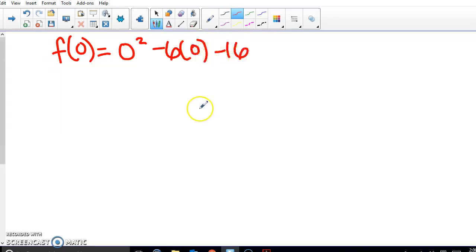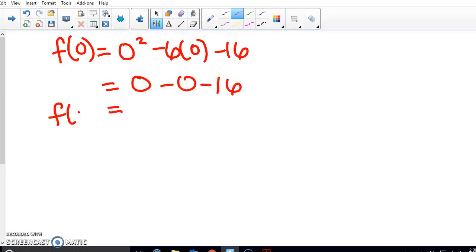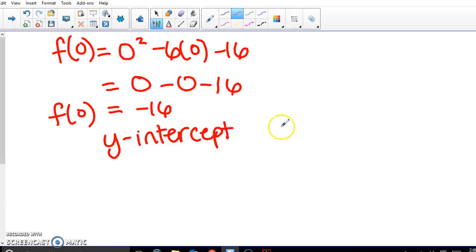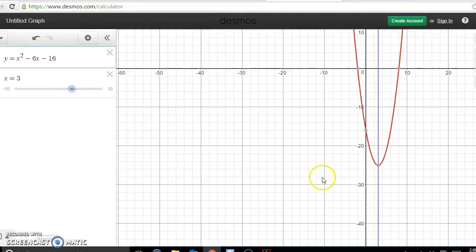Using the same formula, but this time with 0 in, f of 0 equals negative 16. So our y-intercept is at 0, negative 16. And looking at our graph, that's where we're at.